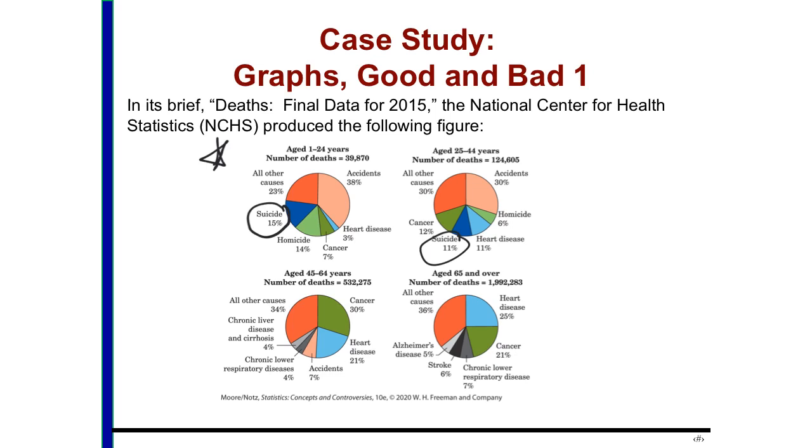So if you were trying to do a presentation on why a suicide prevention program is needed, a pie chart like this would be able to nice, cleanly display the information for your readers to help you defend your case. That's one of the things that pie charts and charts and graphs in general are good for.